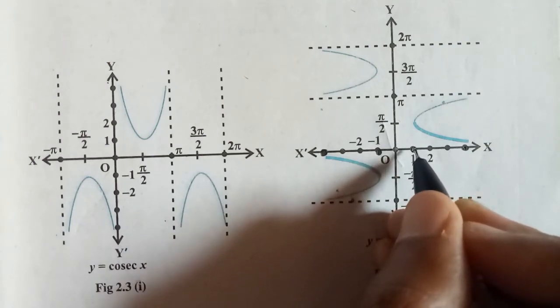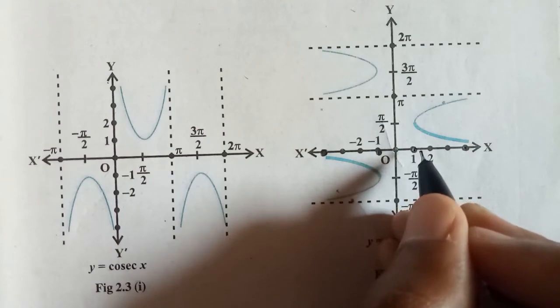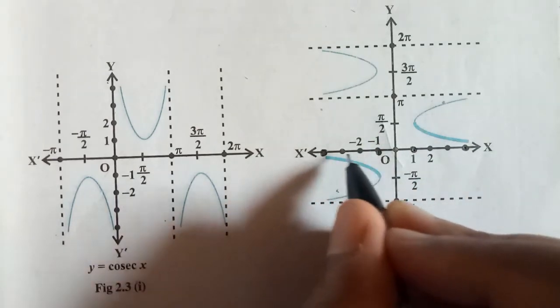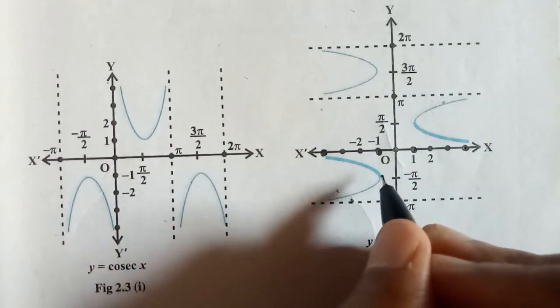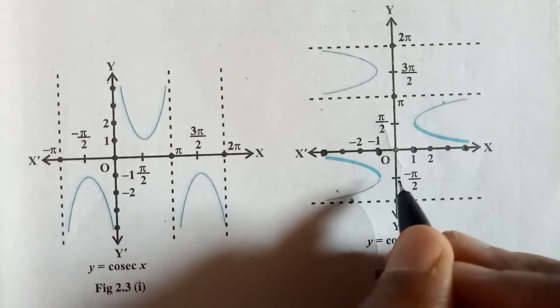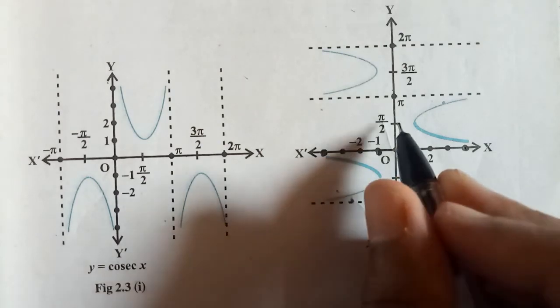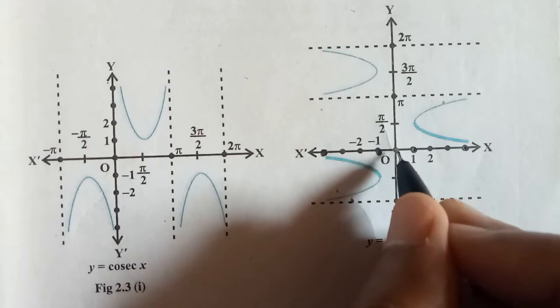So, children, if I define the domain of my cosec inverse as R minus the open interval minus 1 to 1, then you can see all unique images are there, and the unique images are from minus pi by 2 to pi by 2 excluding 0, because sine 0 would become 0 in the denominator.